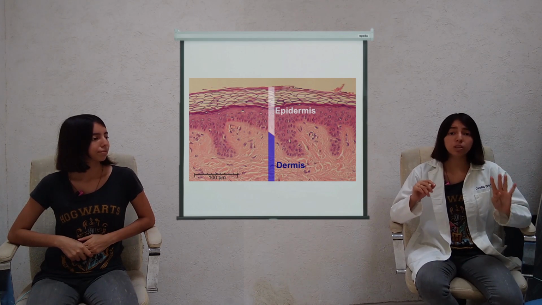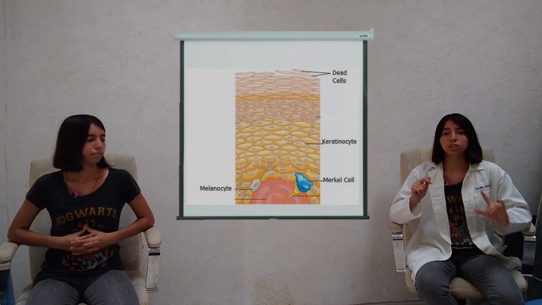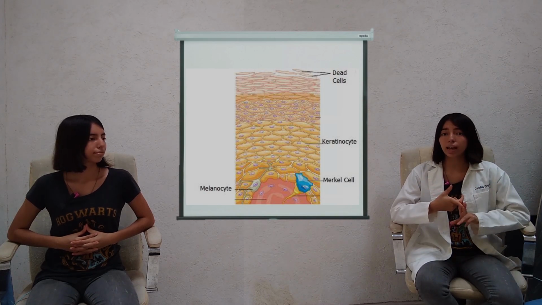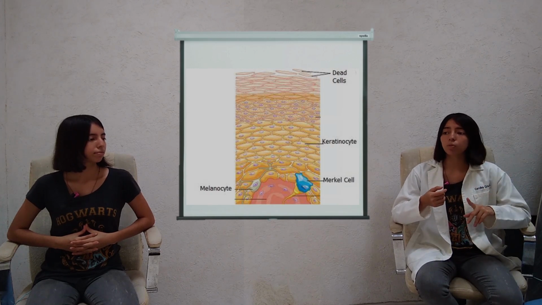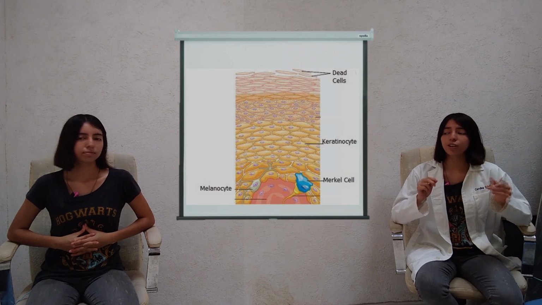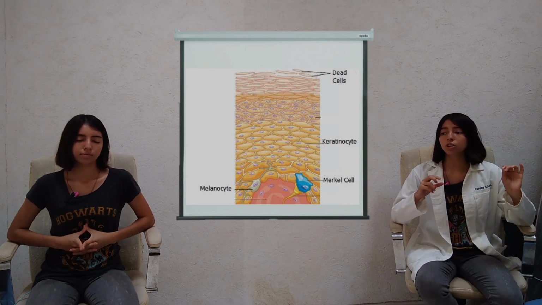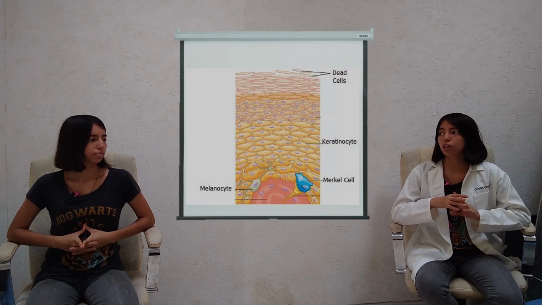It has four principal types of cells: keratinocytes, which protect the skin and underlying tissues from heat, microbes, and chemicals; melanocytes, which are responsible for a protective shield and for protecting the nuclear DNA from the damage of UV light. They also contribute to our skin colors.